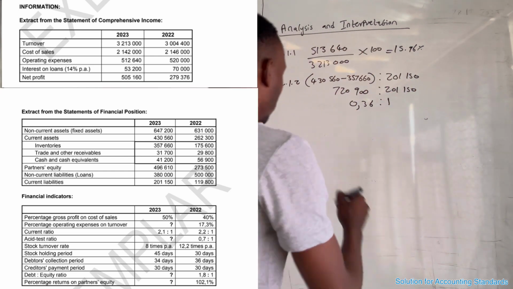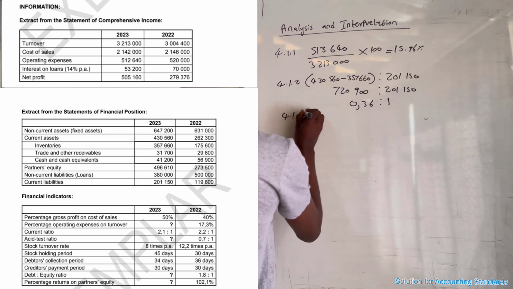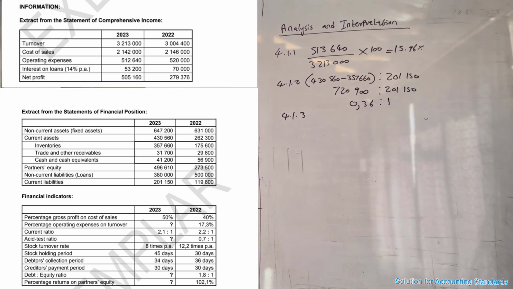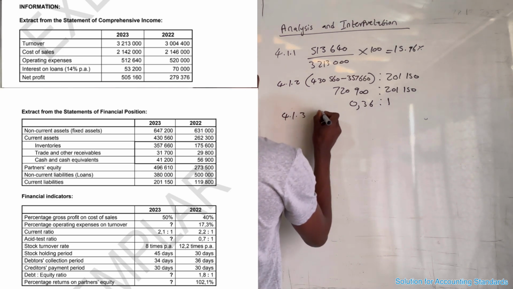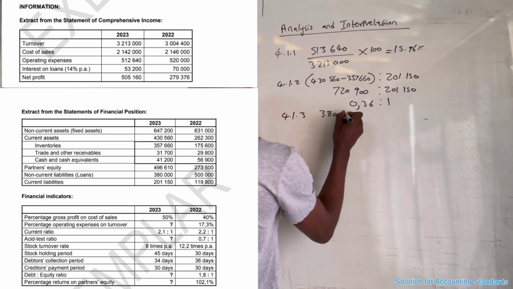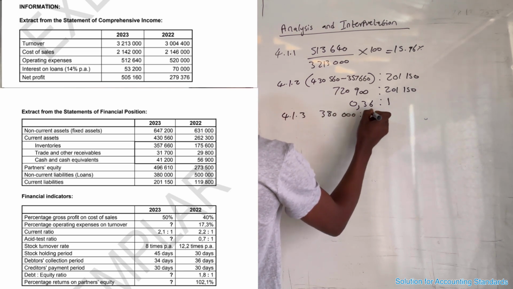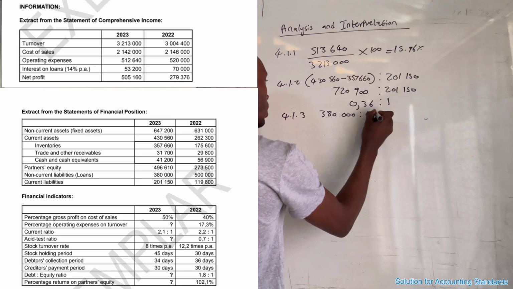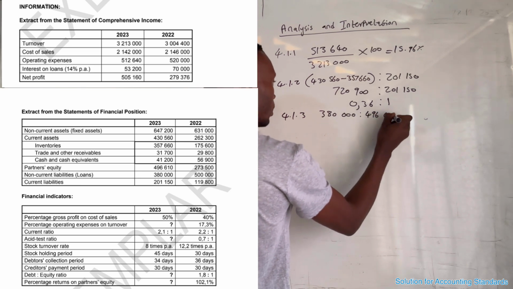Debt equity ratio, 4.1.3. Debt equity ratio, we have to check the information. It's non-current liabilities is to partners' equity. Okay, our non-current liabilities, guys, it was 380 000 is to partners' equity of 496 610.